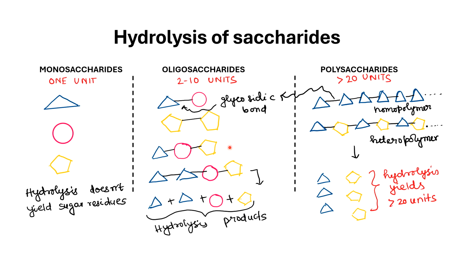Similarly, trisaccharide if you hydrolyze, 3 units will be obtained. Tetrasaccharide if you hydrolyze, 4 saccharide units will be obtained on hydrolysis. Now if we consider polysaccharide, multiple units which are constituting the polysaccharides will be obtained. Clear?